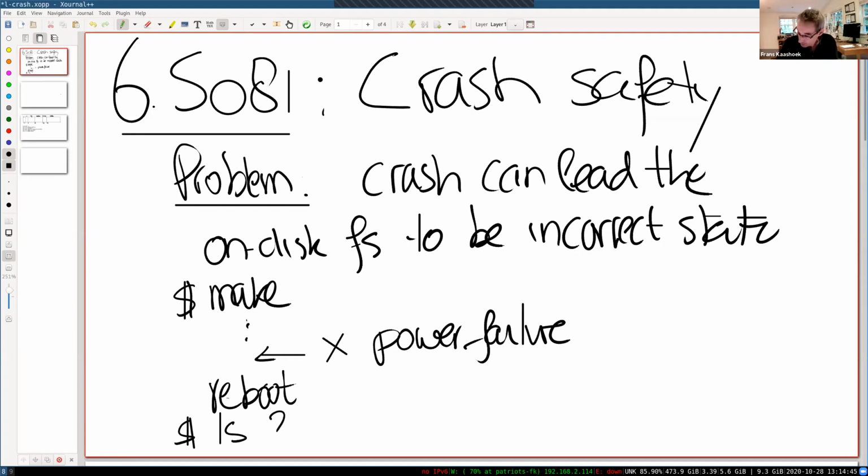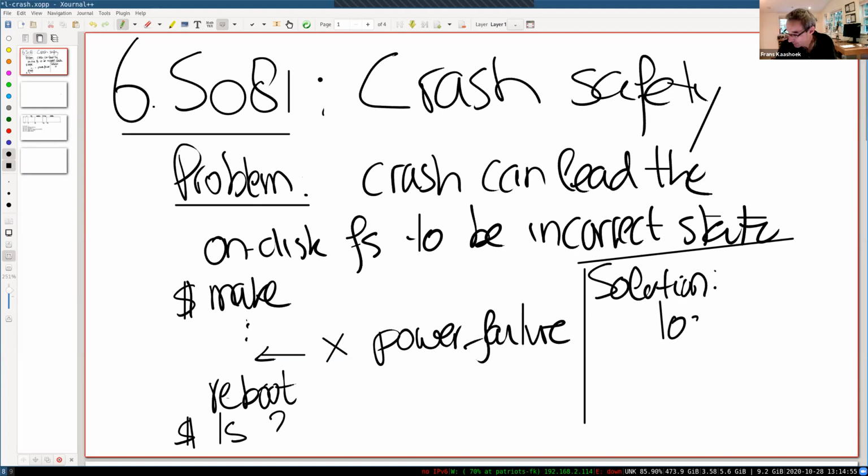Okay, and the solution for that specific problem that we're going to be exploring is called logging. This is a very popular solution, originally coming out of the database world, but a lot of file systems use logging these days. One reason it's popular is that it's a very principled solution.